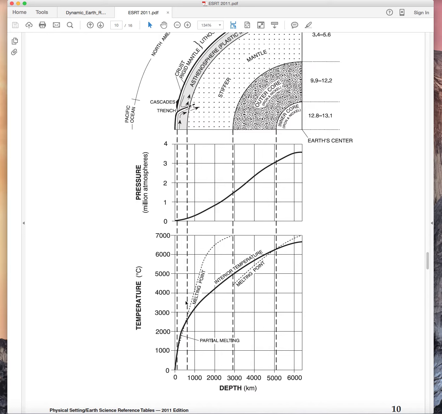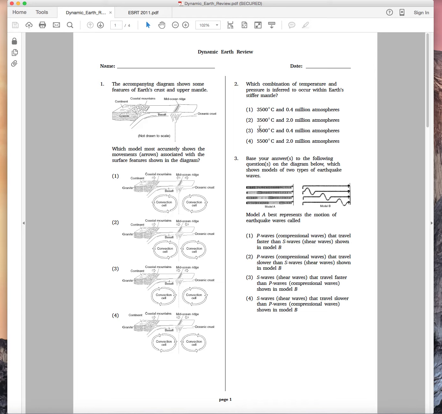If I bring that across, and once it hits my bold line here, I see that it's sitting somewhere between this dashed line and that dashed line, which would indicate that it is in the stiffer mantle, which is good. 5,500 sits in between these two numbers, and I bring that line across, and it hits my temperature curve there, and we can see that that temperature is the outer core. So we can eliminate 3 and 4 because that's too high of a temperature.